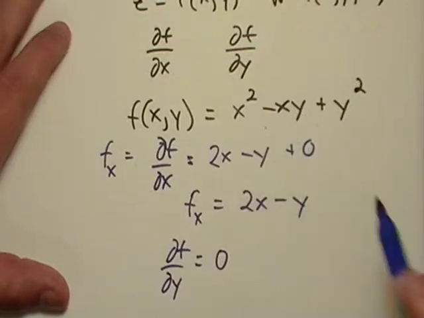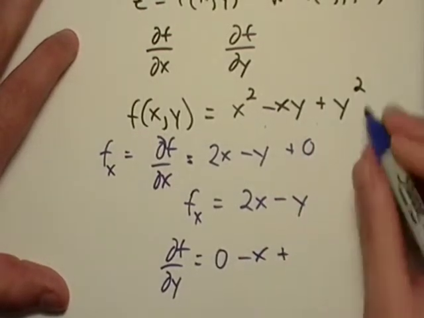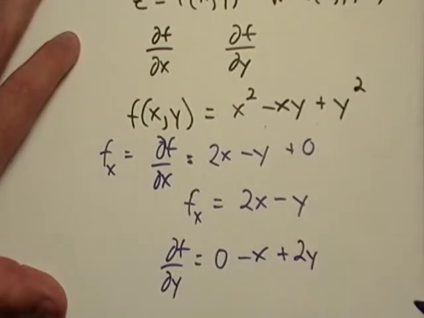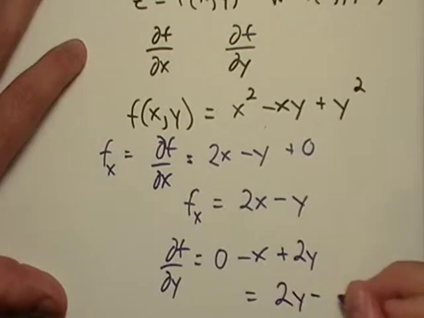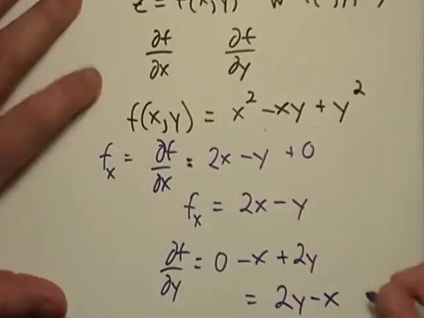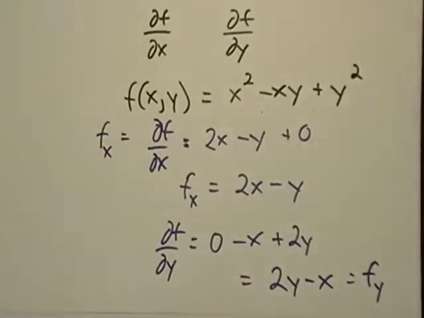The derivative of the middle term with respect to y is just negative x. And then it's business as usual, 2y. So this one would be equal to negative x plus 2y. These aren't too bad at all.